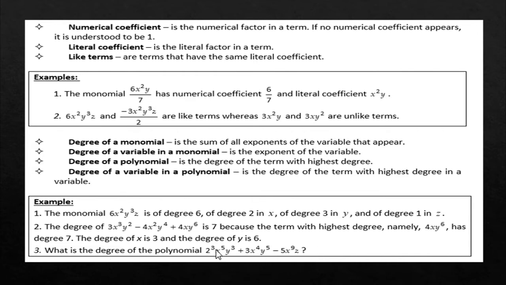So, to find the degree of the polynomial, asa tong term with the highest sum of their exponents. So, the answer is this one, ang pinakadako. So, the degree is 10. Again, the degree of this given polynomial is 10.